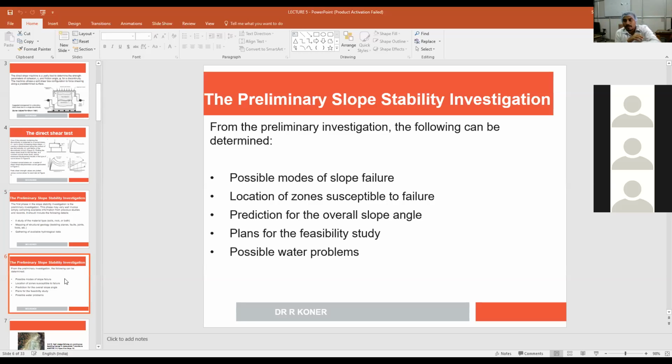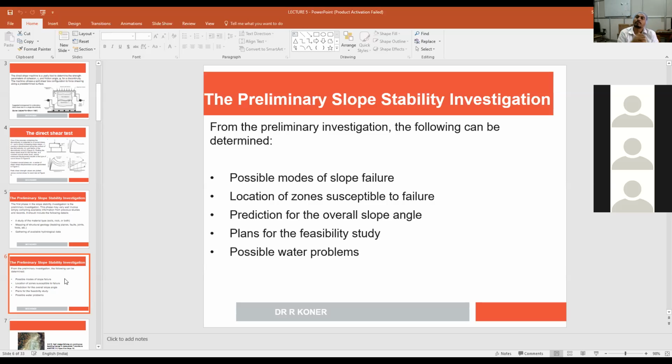And also, by surveying that particular slope, we can determine the overall slope angle. Based on that, we can do the feasibility study and proceed with the operation, considering the possible water problem. If the water flow is very high, then we have to understand what pore pressure is going to develop in that slope.